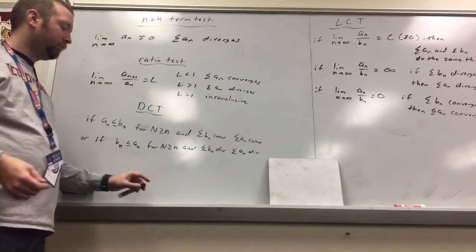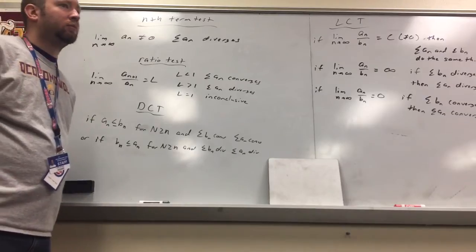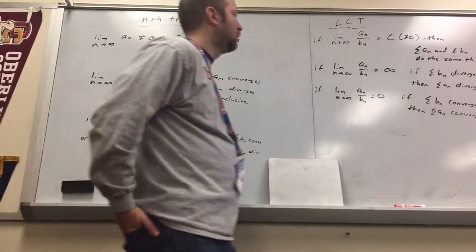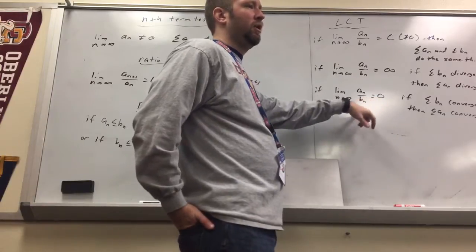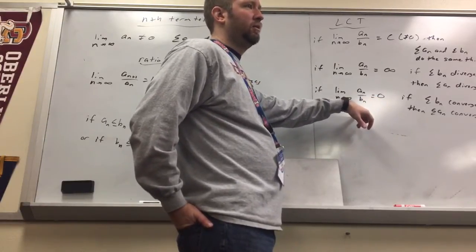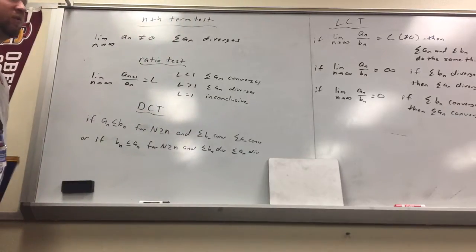B sub n is going to be larger because I'm getting 0. The larger one's in the denominator, so if the larger one converges, then the smaller one must converge. If you get 0, that means your denominator is bigger.